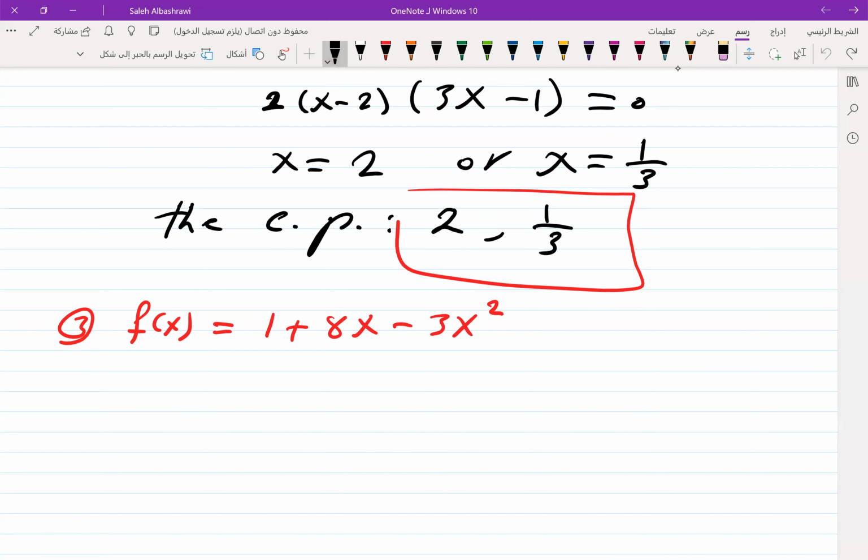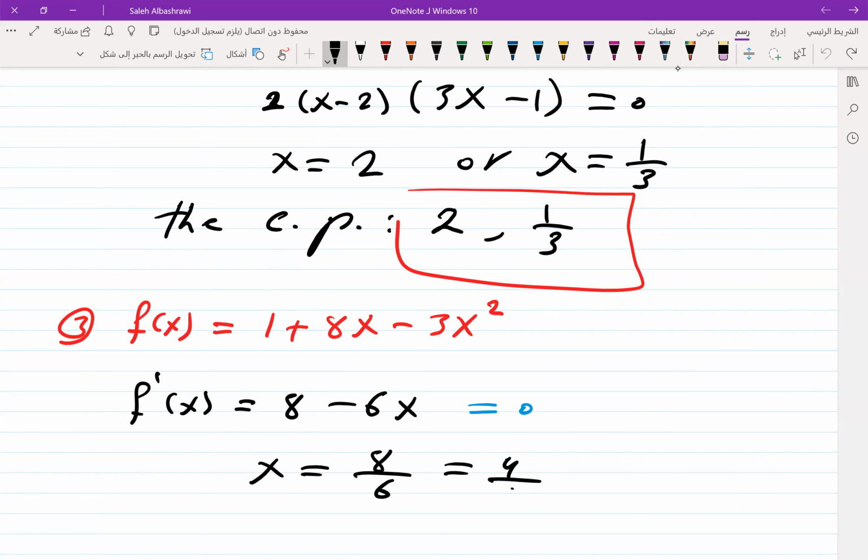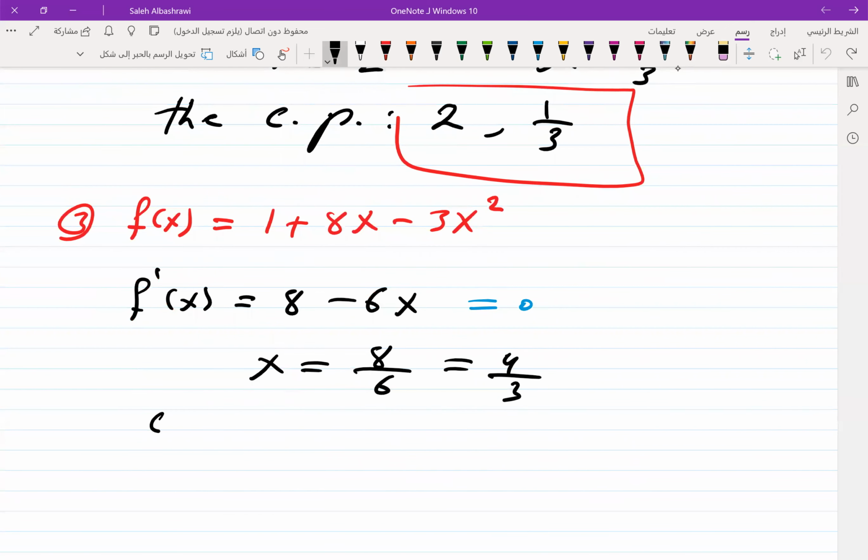So let's differentiate. F prime of x equal to 8 minus 6x. Now to find the critical points, make this equal to 0 and solve for x. We'll have x equal to 8 over 6, or it is 4 over 3. So this is the critical point.